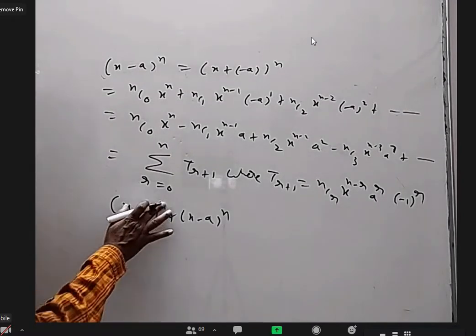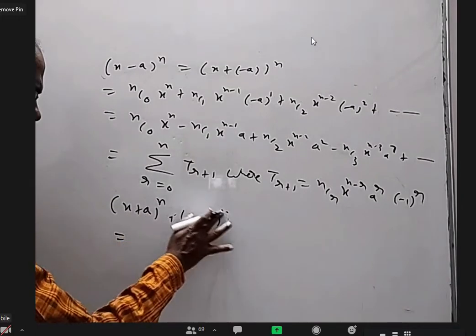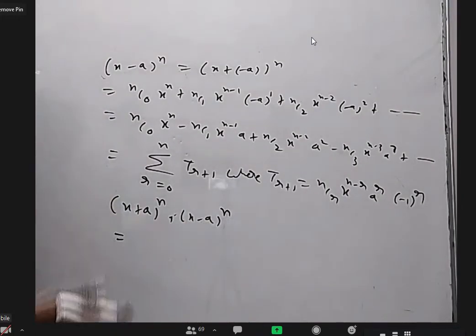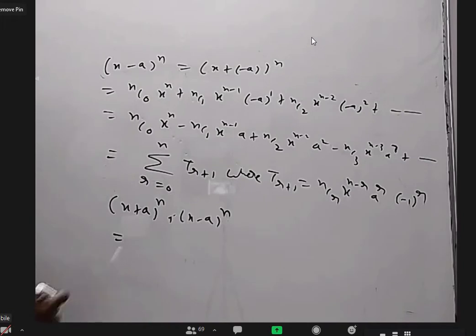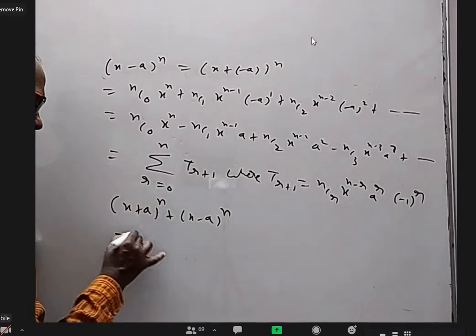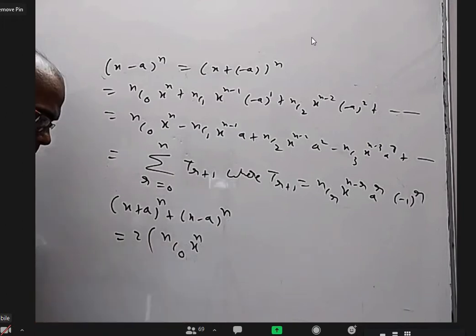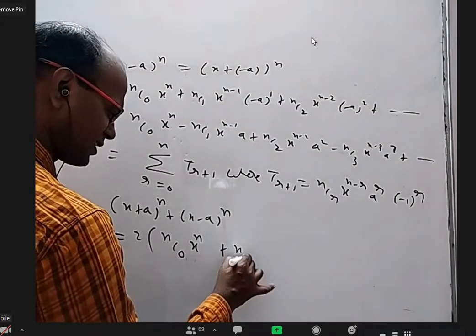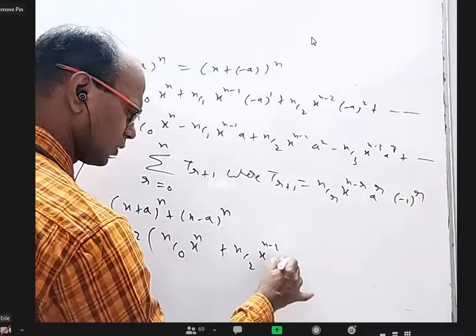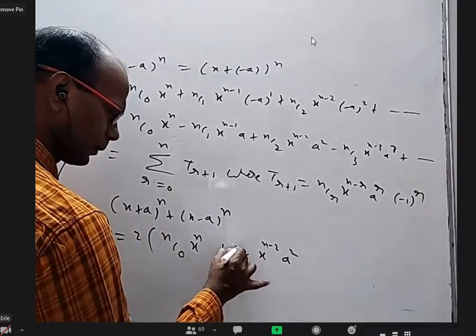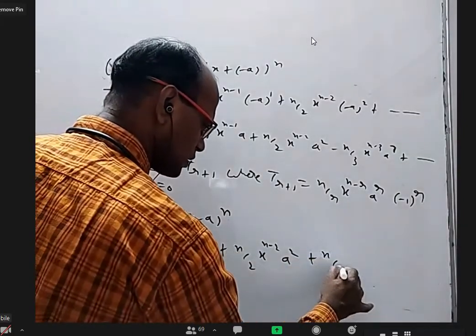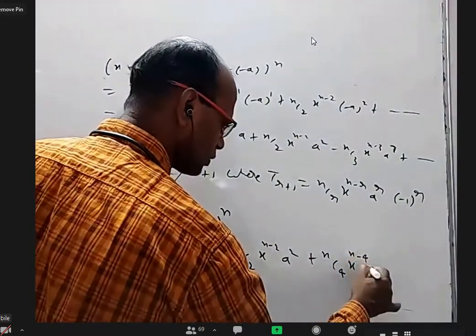The first terms will get added up or they'll get cancelled? Added up. And the second terms will get cancelled. Third terms will get added up. So it will be 2 times nC0 x power n plus nC2 x power n minus 2 a squared plus nC4 x power n minus 4 a power 4.